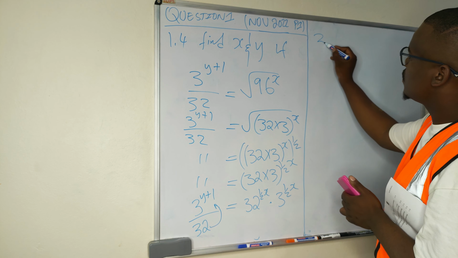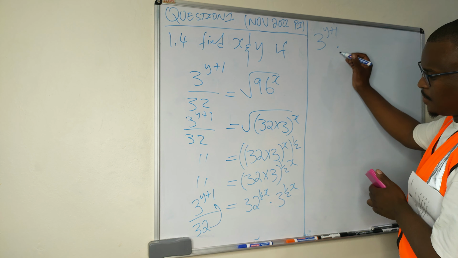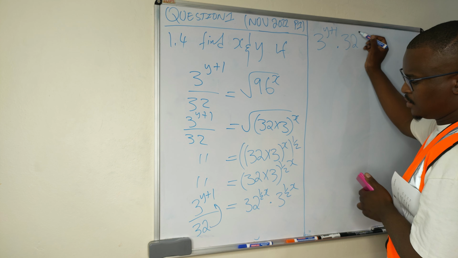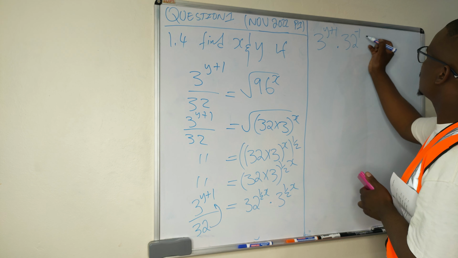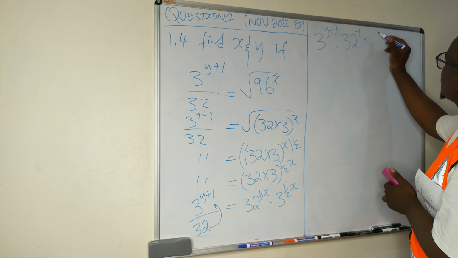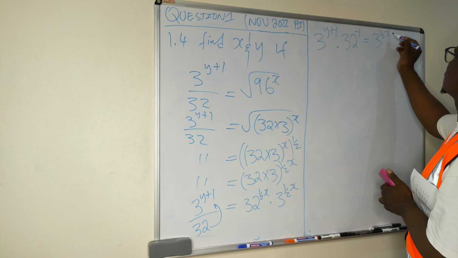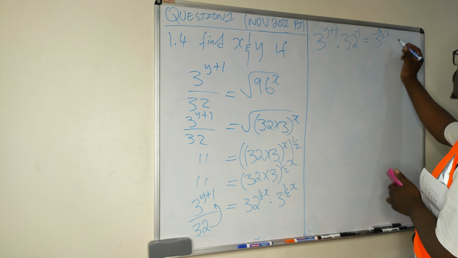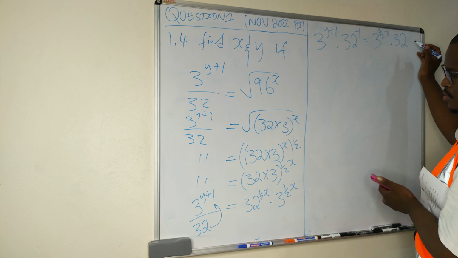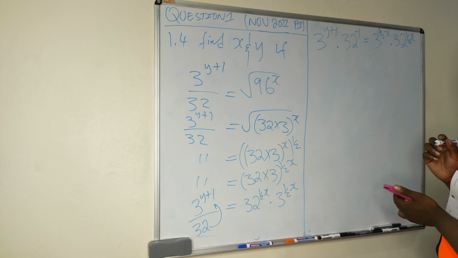So we'll say 3 raised y plus 1 times 32 raised minus 1 is equal to 3 raised 1 over 2x times 32 raised 1 over 2x, right? I hope it's visible.